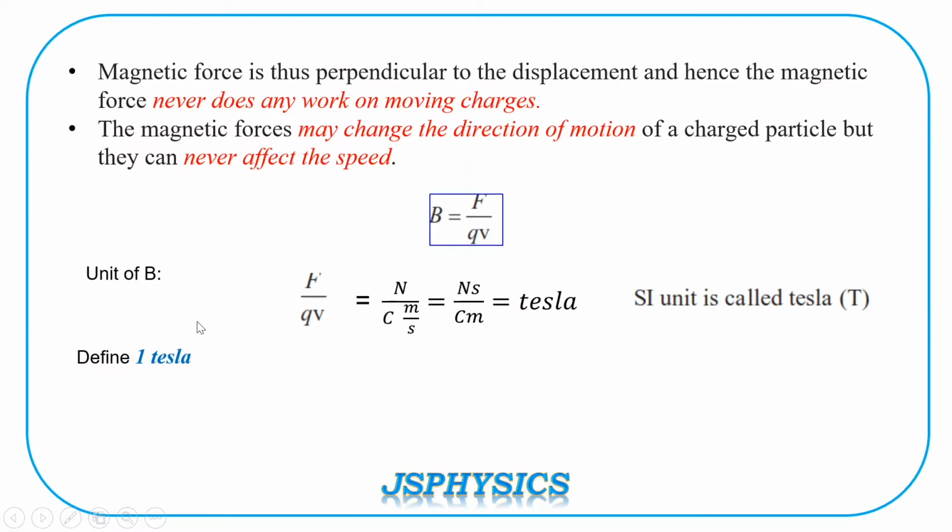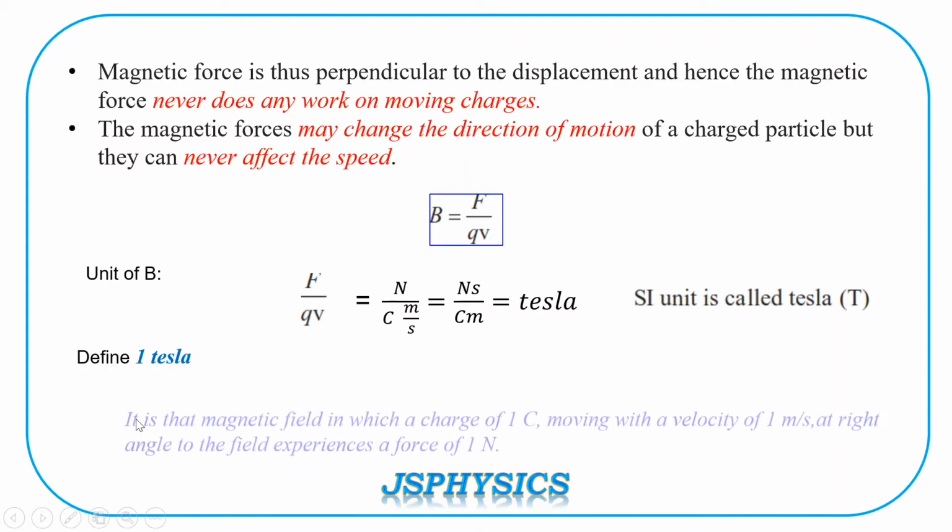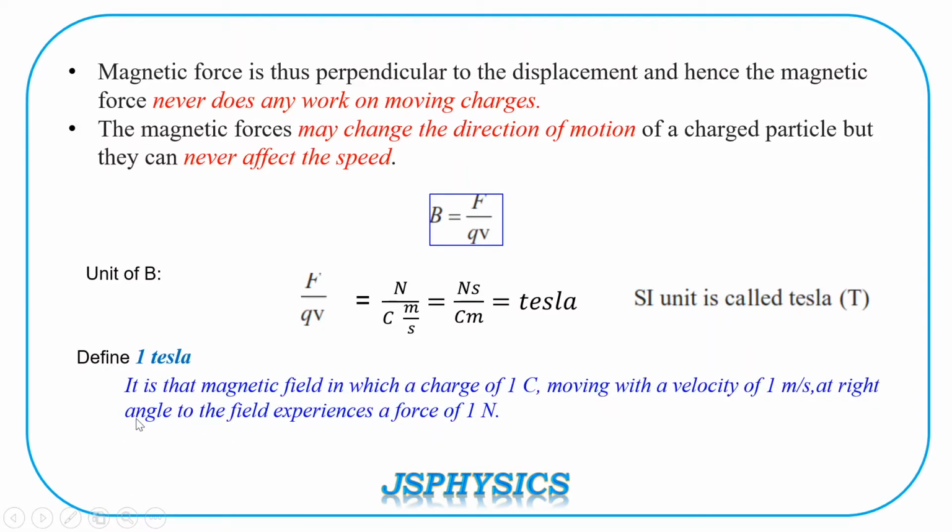We can also define 1 Tesla. When the force is 1 Newton, the charge is 1 Coulomb, moving with a velocity of 1 meter per second, then the corresponding magnetic field becomes 1 Tesla. So we can define 1 Tesla as the magnetic field in which a charge of 1 Coulomb moving with a speed of 1 meter per second at right angle to the field experiences a force of 1 Newton.